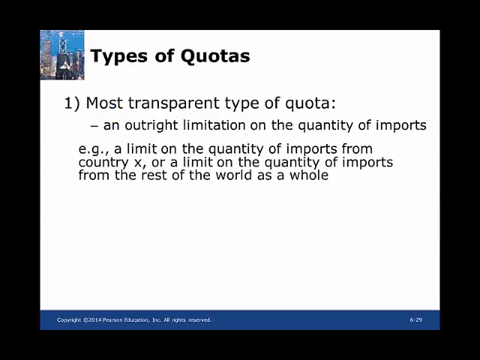Types of quotas. The most transparent type of quota is an outright limitation on the quantity of imports, as for example a limit on the quantity of imports from country X, or a limit on the quantity of imports from the rest of the world as a whole.